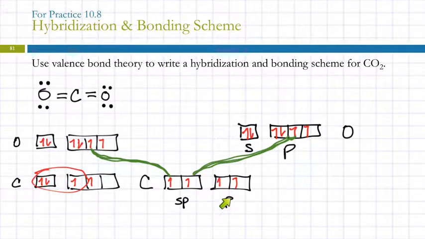Then I've got two unhybridized p orbitals here, and I've got unhybridized p orbitals on those oxygens. So these are sigma bonds. And then we're going to have pi bonds with those guys.